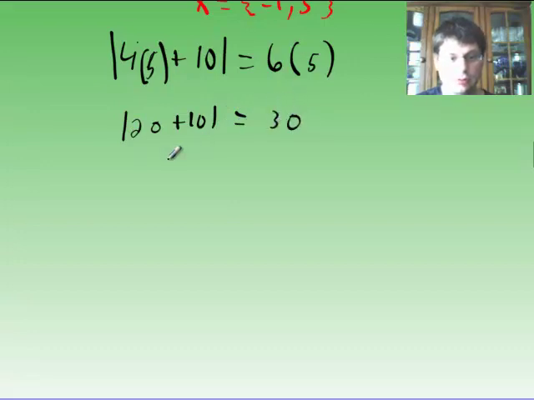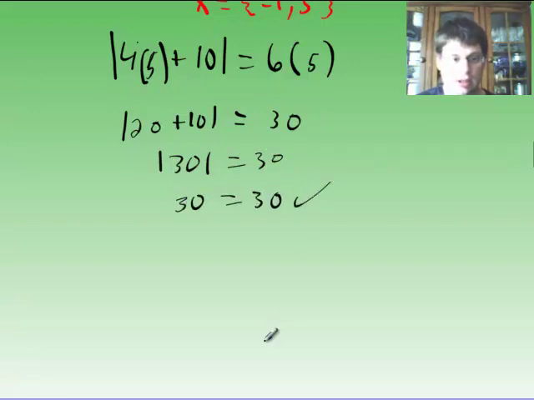So the absolute value of 20 plus 10 should equal 30, and indeed it does. 20 plus 10 is the absolute value of 30, and the absolute value of 30 is 30. Okay, so that checks out.